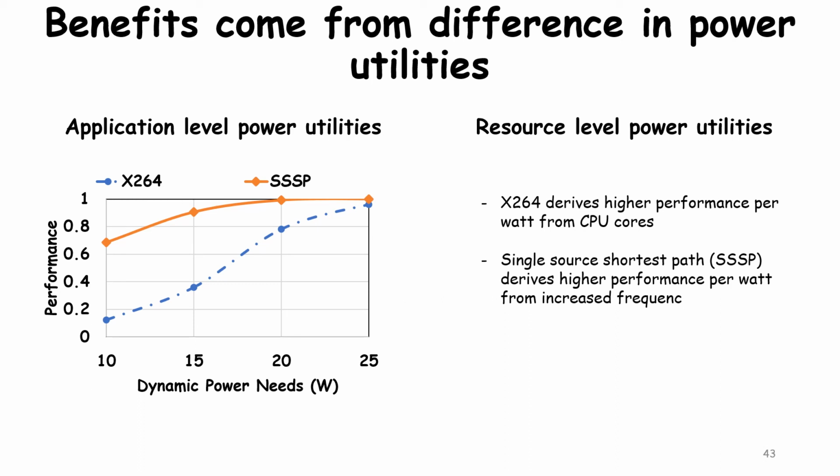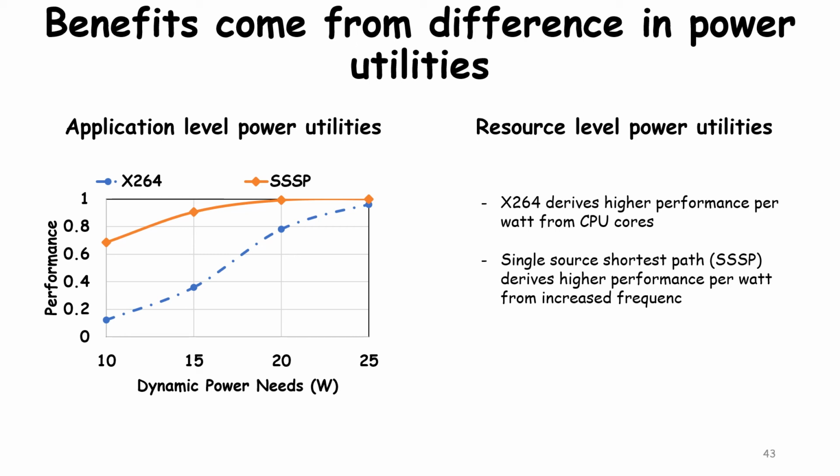For example, if we have only 30 watts to allocate to these two applications, allocating 15 watts each will be a poor choice. X264's performance drops significantly. In contrast, allocating 20 watts to X264 and 10 watts to shortest path is beneficial for overall server throughput, which is what the app-aware policy does.